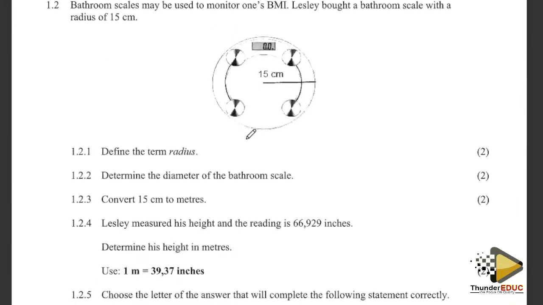We go to the second one, 1.2. The bathroom scales may be used to monitor one's body mass index. That's about a bathroom scale with a radius of 15. Define radius. We can say radius is half of the diameter.